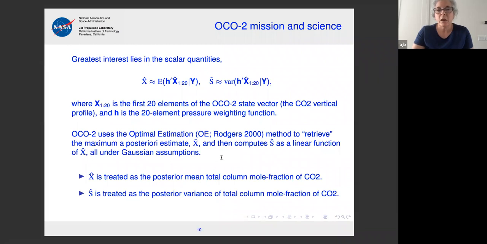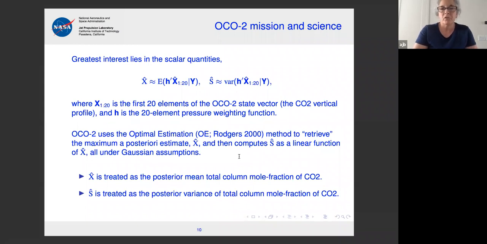The way that the OE algorithm works is it searches for a MAP estimate of a penalized cost function that can be interpreted as a Bayesian cost function. It has a portion that's just the squared distance between the predicted radiance and the observed one, with a second term that functionally puts in a prior.